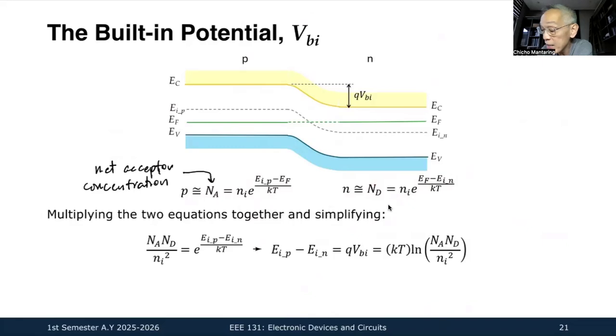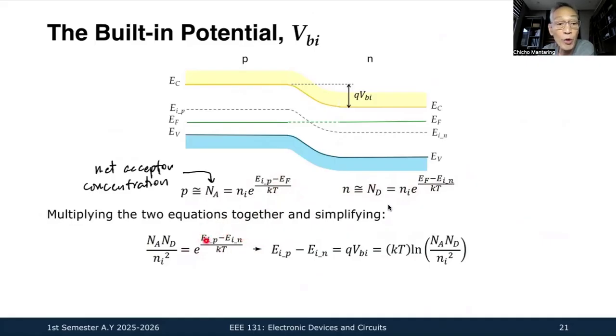If you simplify this, this is what comes out: Na Nd over N_i squared. The E_F cancels out because this is negative and this is positive. When you multiply these two together, you can just add their exponents, so this will cancel out with this. This is what remains.